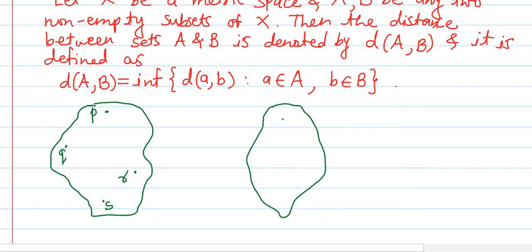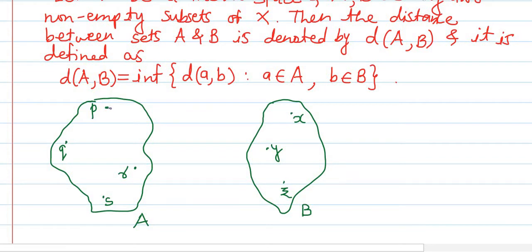Suppose this set has 3 elements, X, Y, and Z. Let us suppose that the first set is A and the second set is B. Then, to find the distance between A and B, obviously we have to find the distance of each point of set A from each point of set B.